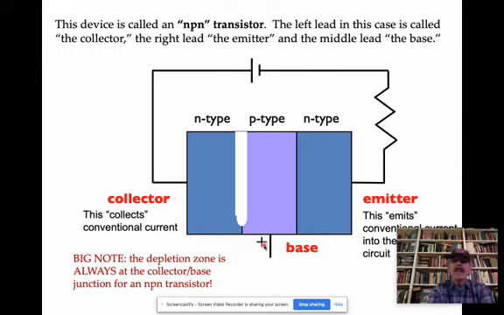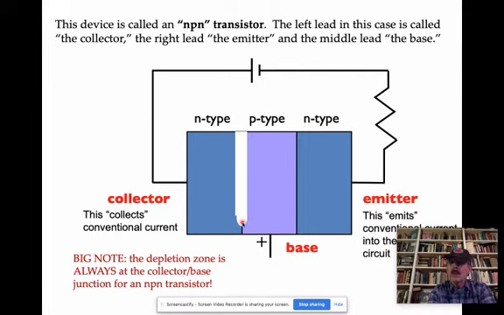Now, these terminals are given names. The central terminal is always called the base. On an NPN transistor, the terminal in which current flows is called the collector. Notice that the PN junction between the collector and the base is where the depletion zone is.